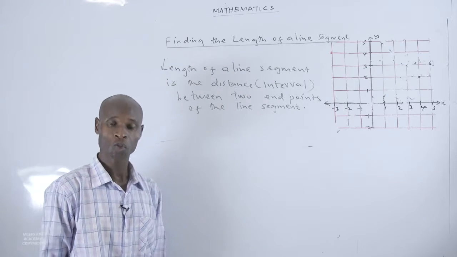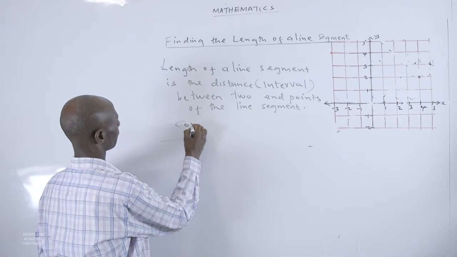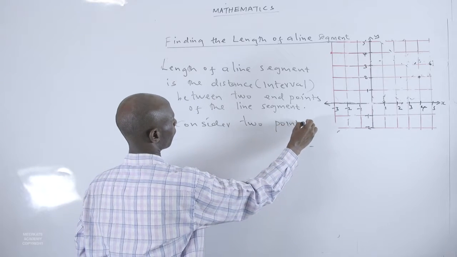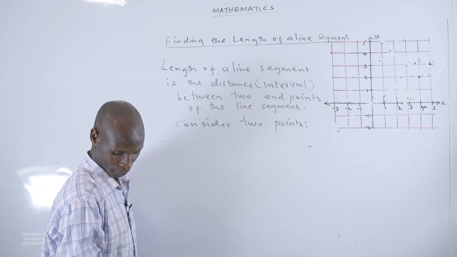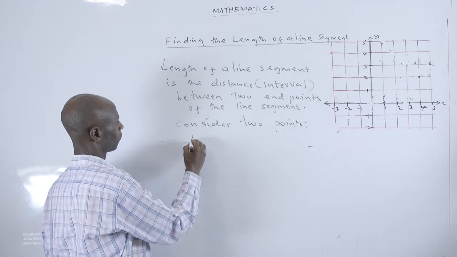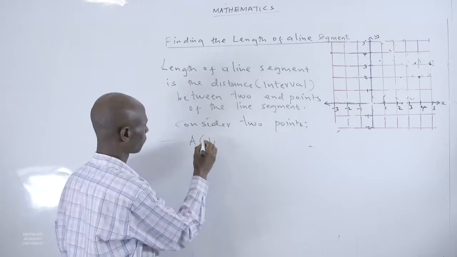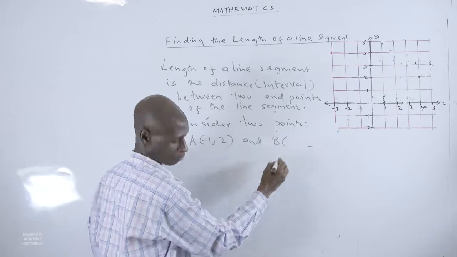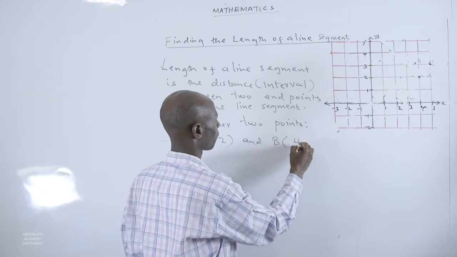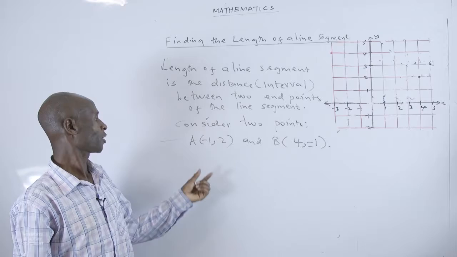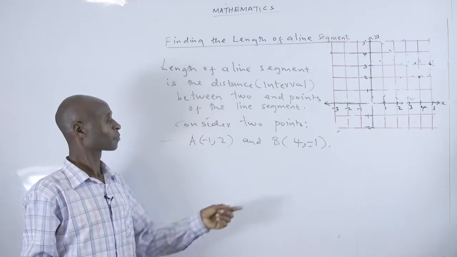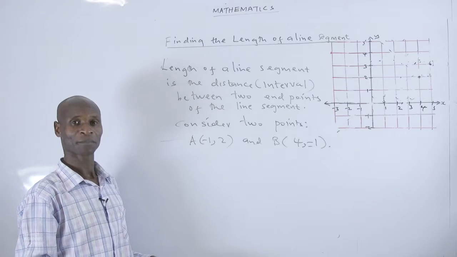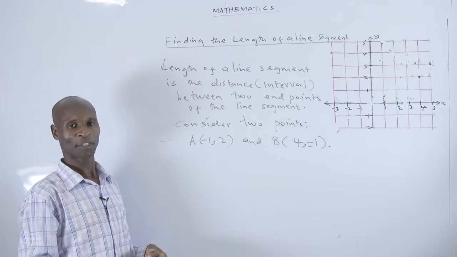Let us consider 2 points. Let us consider the points -1, 2, and 4, -1, and see how we can determine the line segment, the distance between the 2 points.